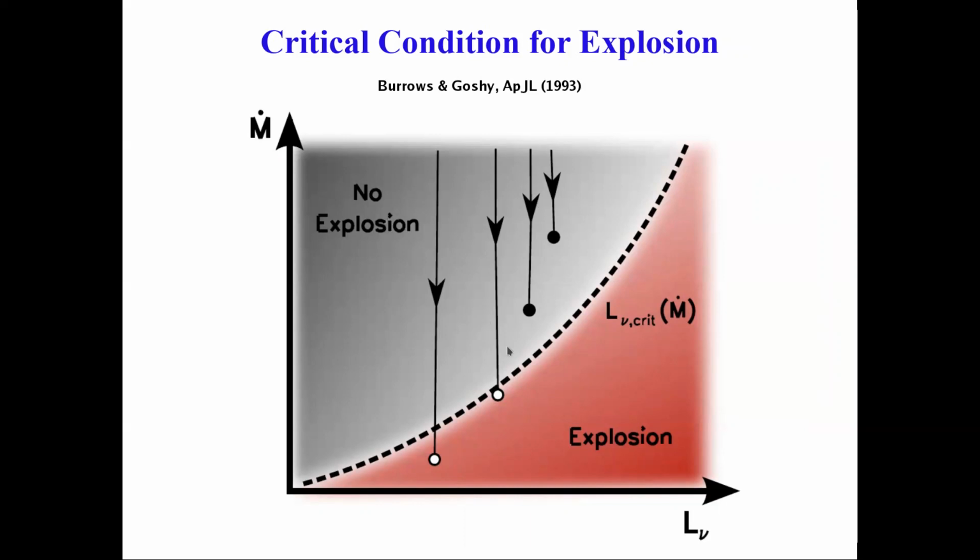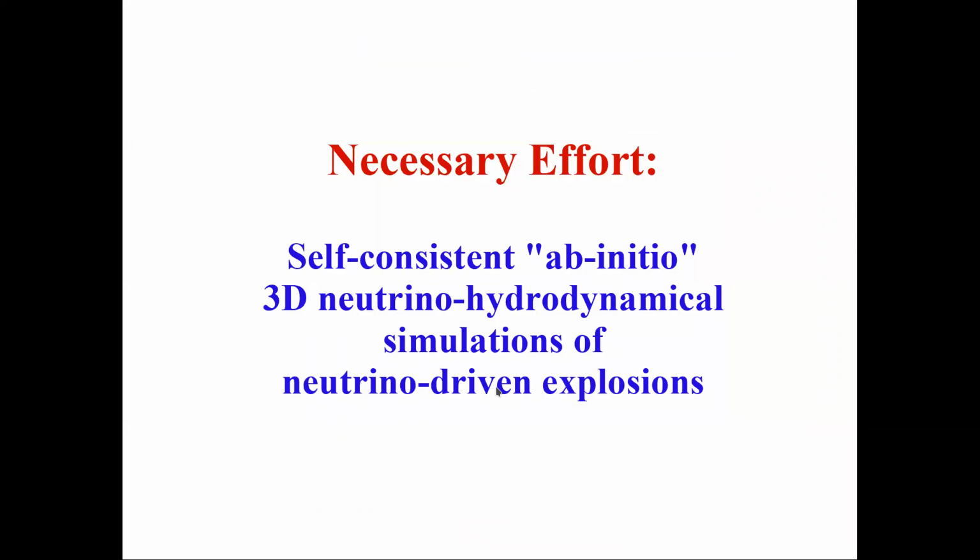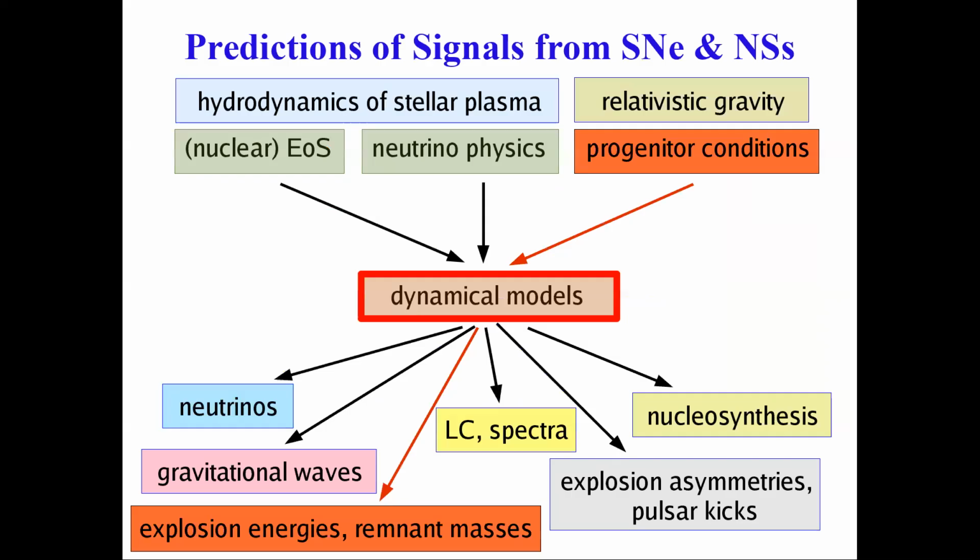And in order to determine whether the stars cross this boundary line of the critical curve, again, numerical simulations are needed. We need self-consistent simulations, and we need to do these simulations actually in 3 dimensions. The reason I will mention in a couple of seconds. There's a lot of input needed for these dynamical models, which we do on supercomputers. We need the hydrodynamical solver, or magnetohydrodynamics, even for the stellar plasma.